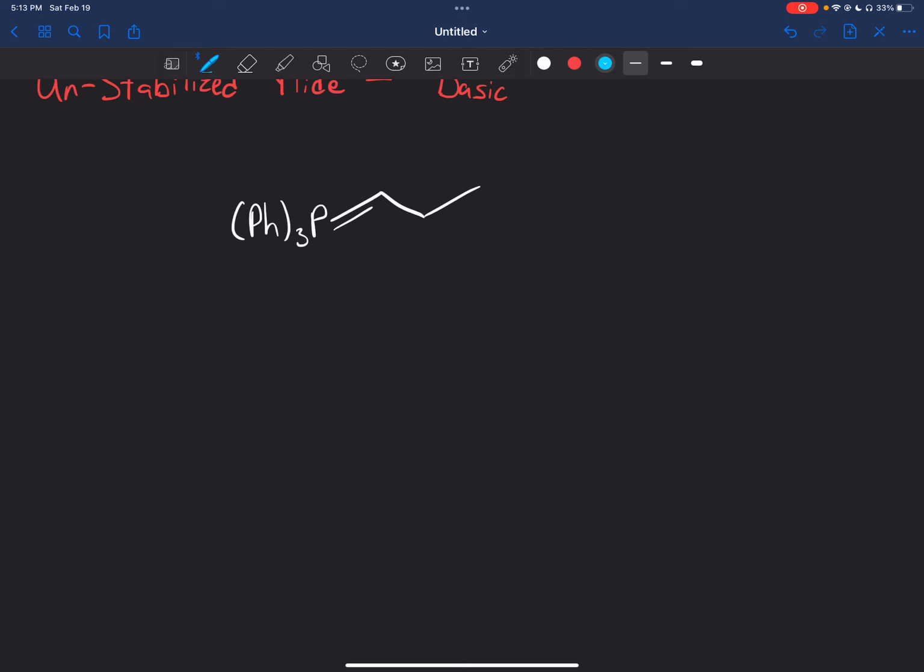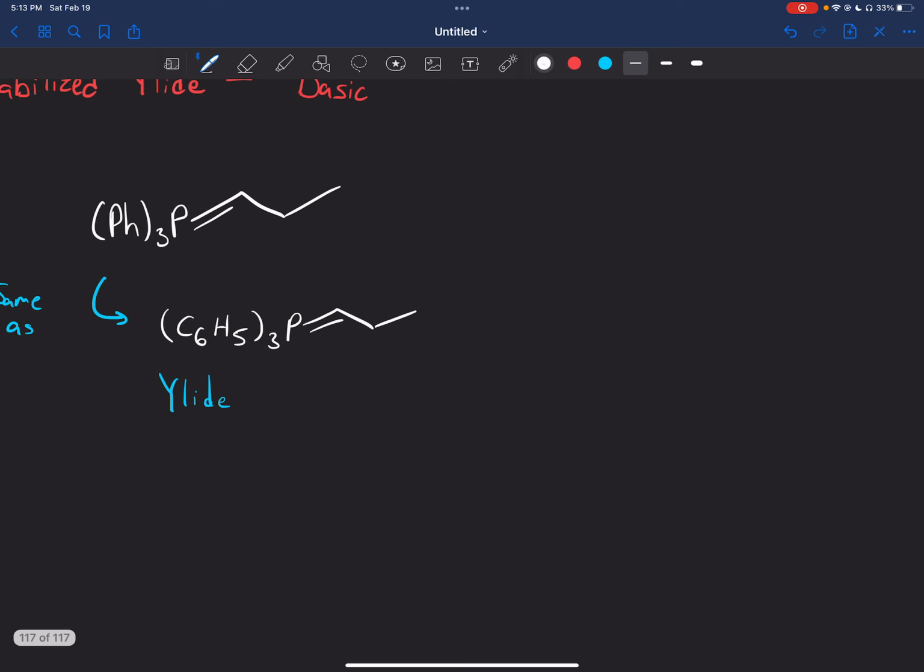And again, sometimes it could be written like this. That's the same thing. That right there is the formula for phenyl, and we have three of them. So they may write it as either one. Again, the ylid in this case does not have an electron withdrawing group.